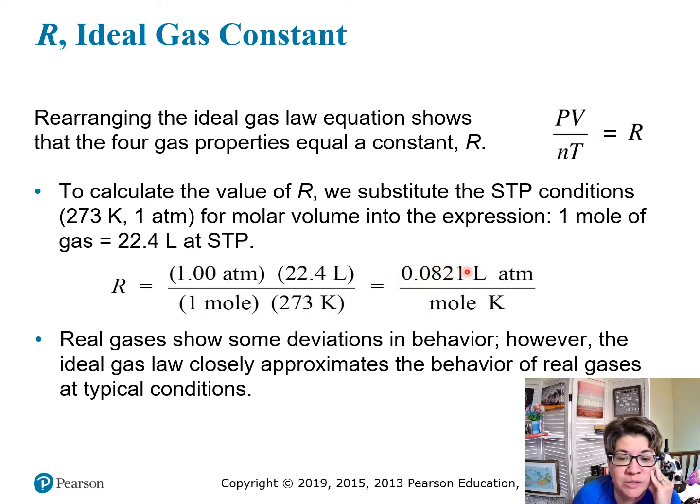So we're going to use this number for R, and you just plug it into the equation when you're solving for it. And we always just use that value, and it just fixes all our units together. No gases really behave exactly like this, but this equation gives us a pretty close estimation of how they behave.